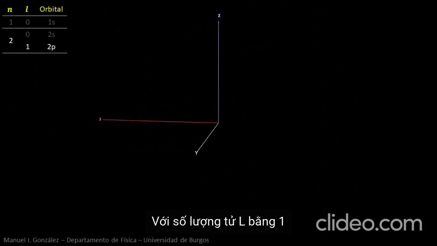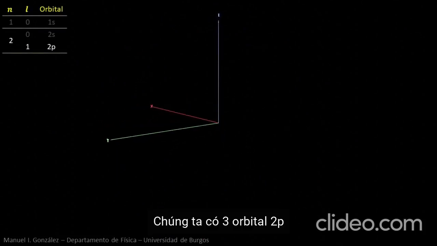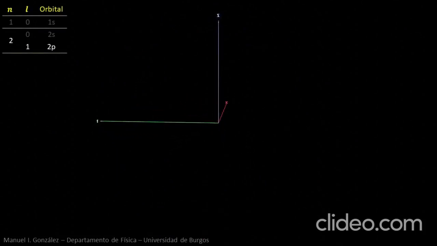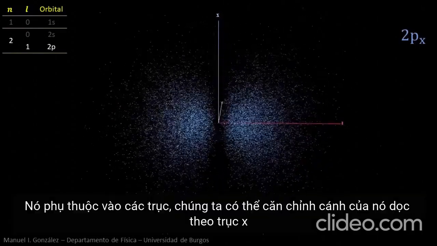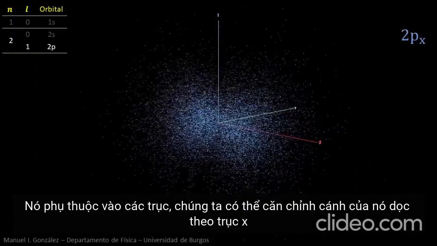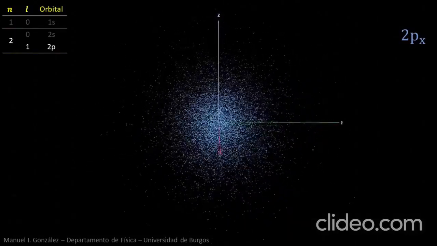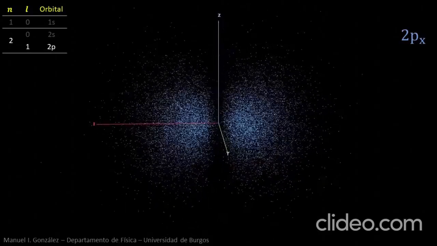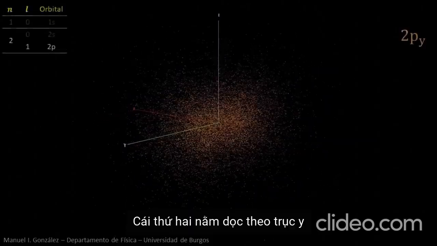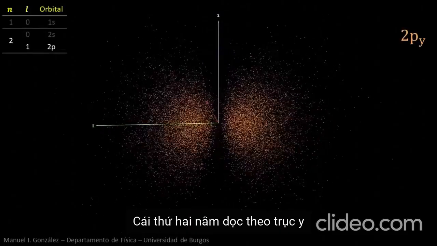Quantum number L equal 1 gives rise to 3 orbitals called 2p. This is one of them. It consists of 2 lobes which we can consider aligned along the x-axis. The second one, 2py, lies along the y-axis.